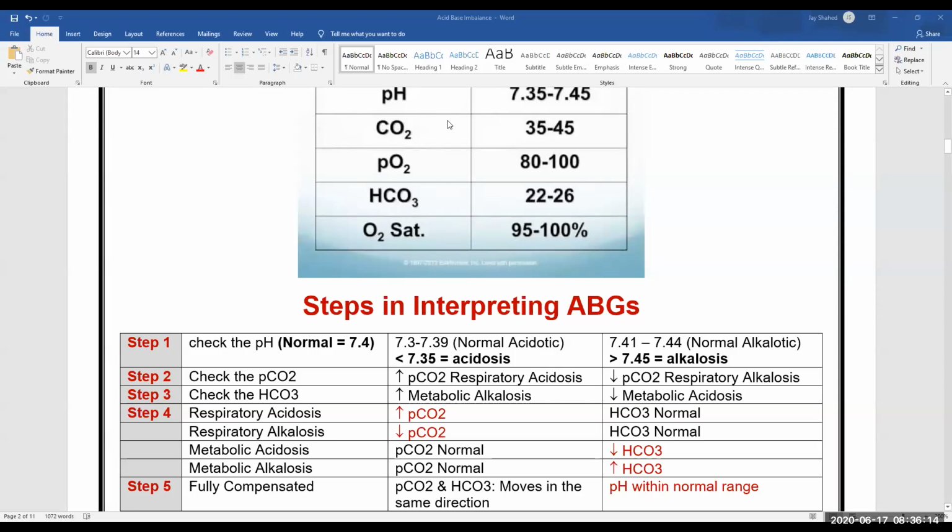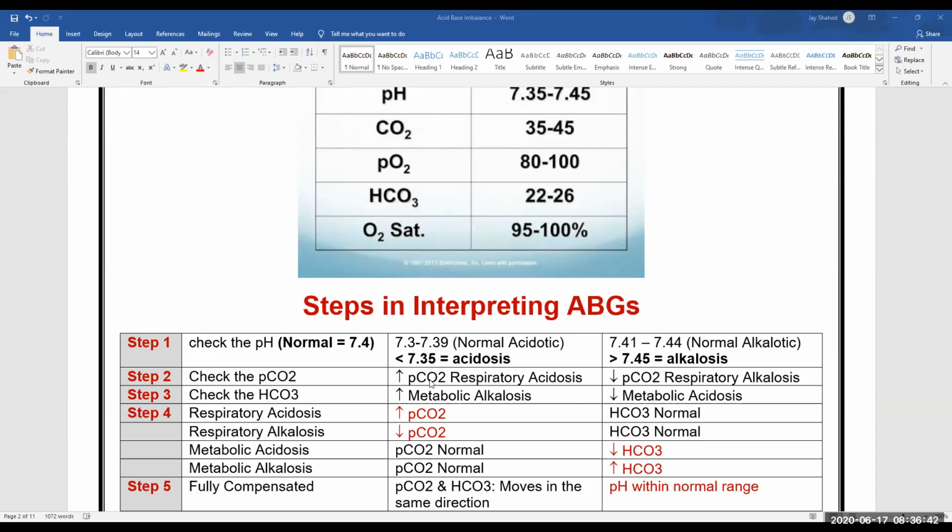So what regulates the CO2? Your breathing. You breathe the CO2 out. What regulates the HCO3? Your kidneys. They excrete it or reabsorb it, basically. They reabsorb HCO3, take it back to the blood. So when we look at CO2, we're talking about respiratory. If we have an increase or decrease of CO2, then you're talking about respiratory.